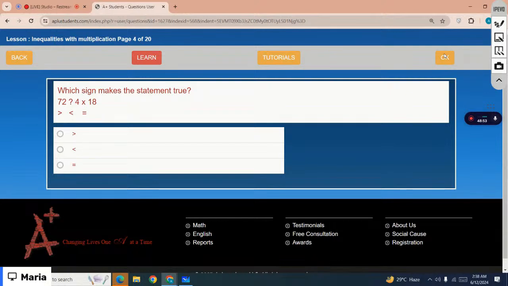They both are exactly equal because 4 times 18 is 72. So they both are exactly equal.